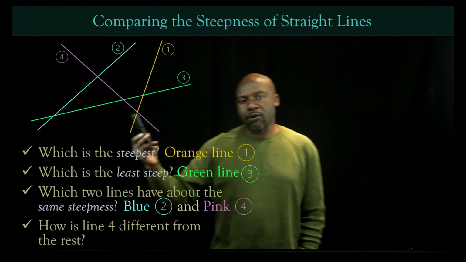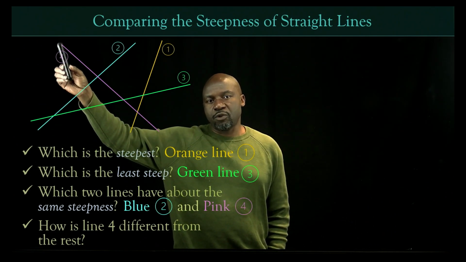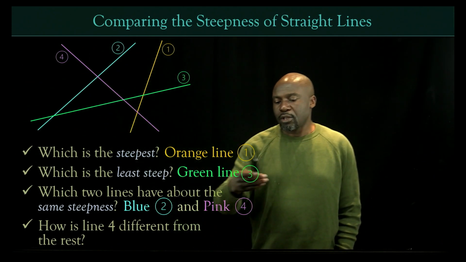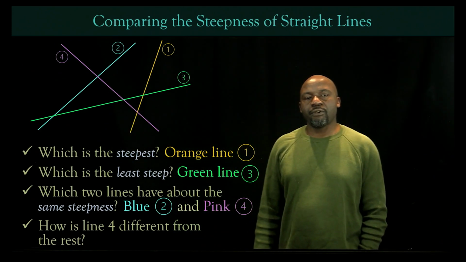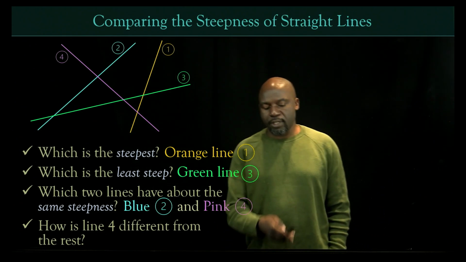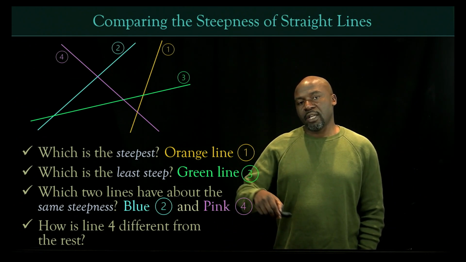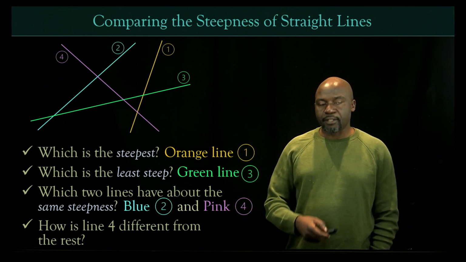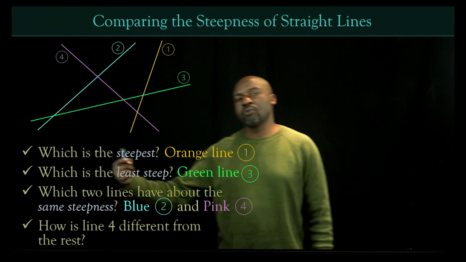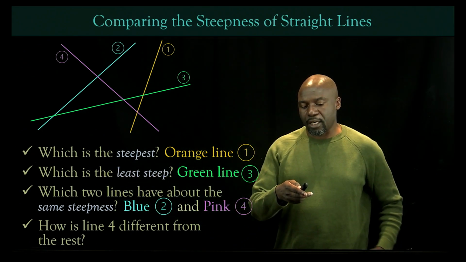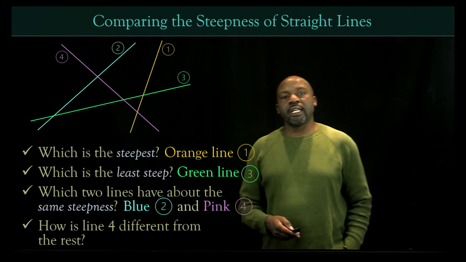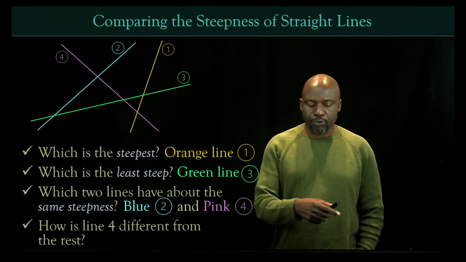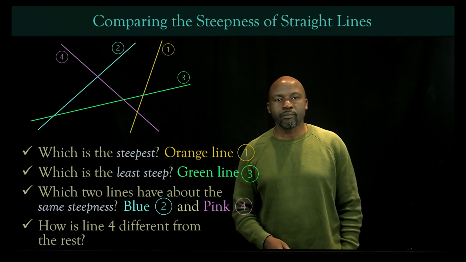But for line number 4, we start from the left, so that means we are somewhere there, and as you move towards the right, you are actually dropping. So the pink line is different from the other 3 in that it is the only case where you are coming down or dropping as you move towards the right. By convention, we must always move towards the right. And in the case of the pink line, it is the only case where we are coming down towards the ground as we move towards the right.